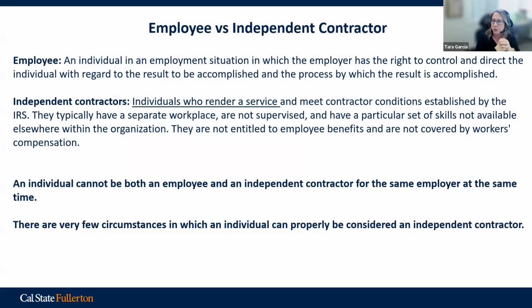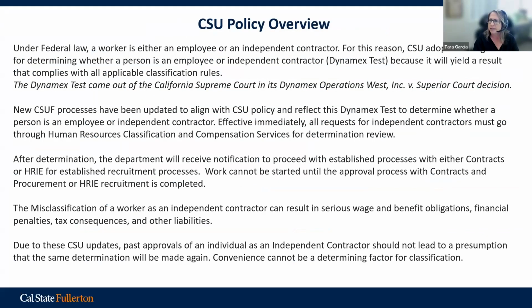They have the ability to work basically independently. And at the same time, an individual cannot be both an employee and an independent contractor. And there are very few instances where a person can be an independent contractor, which is why we set up this determination process. And if at any time you have any questions or if I'm going too fast, just raise your hand or something very informal here.